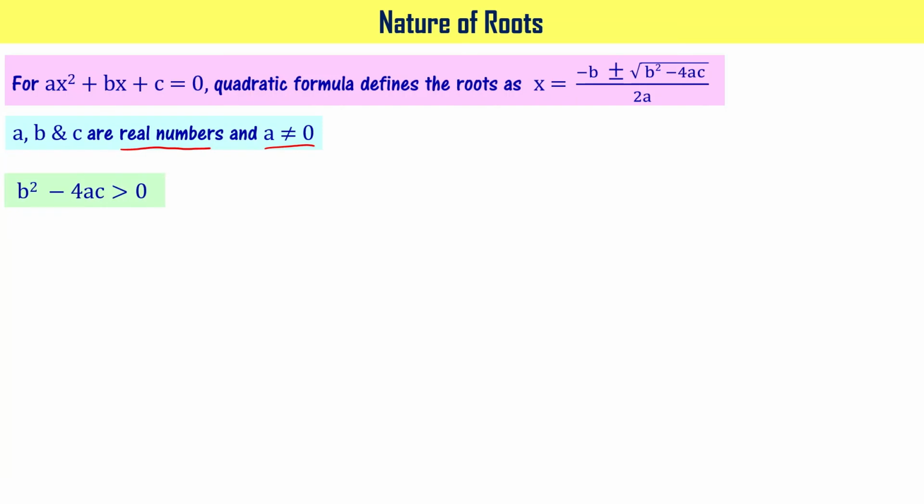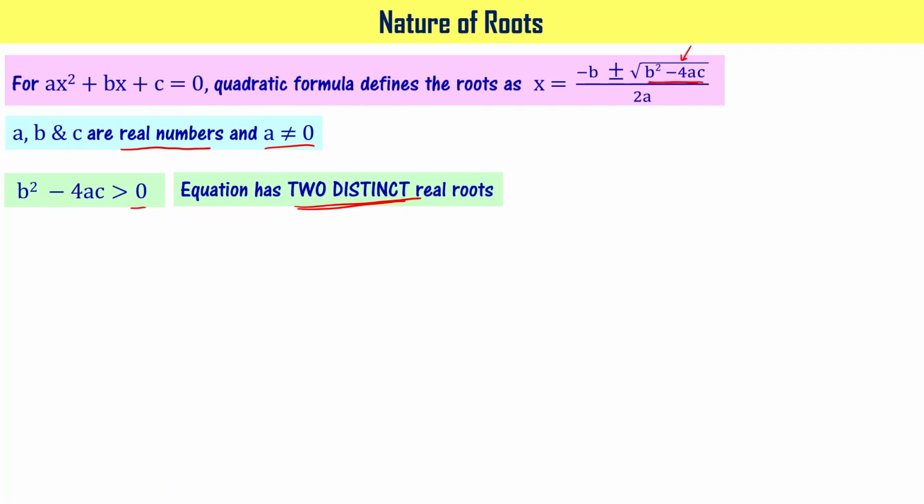And since a, b, c are real numbers, b square minus 4ac, which is under the root, is also a real number, but it can be greater than 0. In that case, the roots are going to be two distinct real roots.